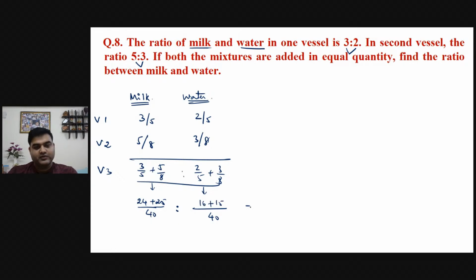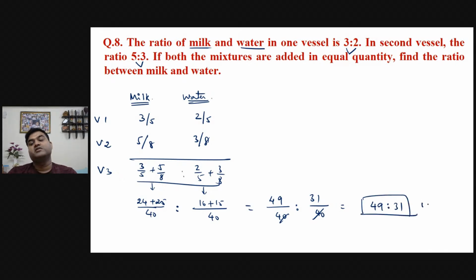That will be equal to 49 by 40 is to 31 by 40, the 40s get cancelled. That means the ratio of milk and water in the resultant mixture is 49 is to 31.